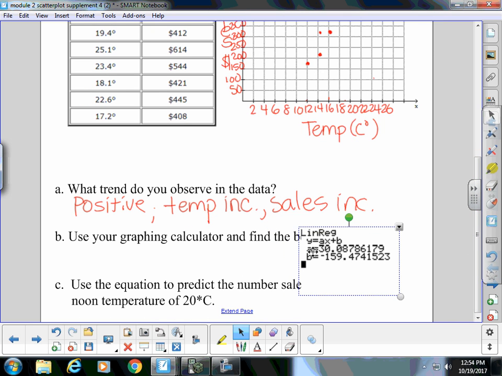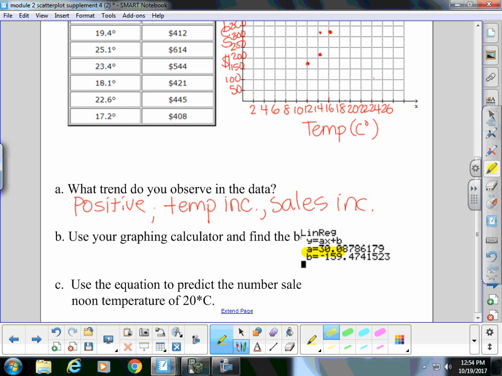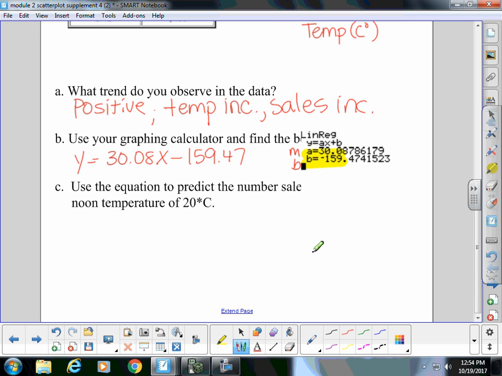And with this information again, I want A and B. A is the same thing as M, B is B. So the equation is y equals 30.08x minus 159.47.